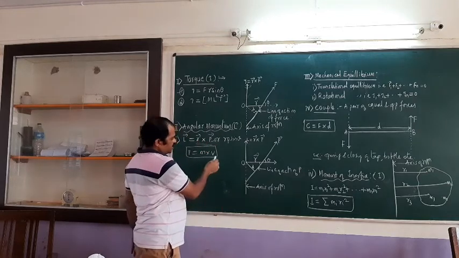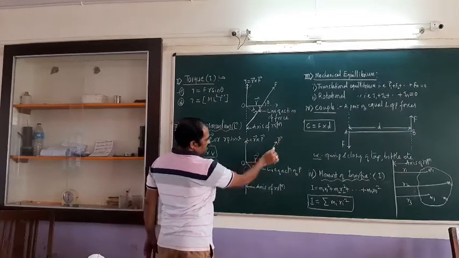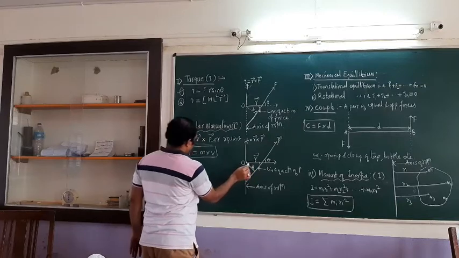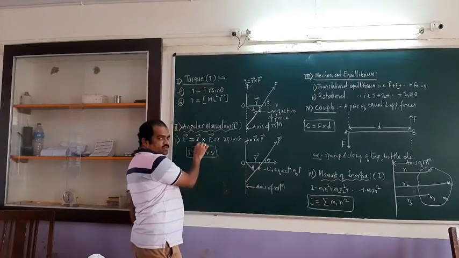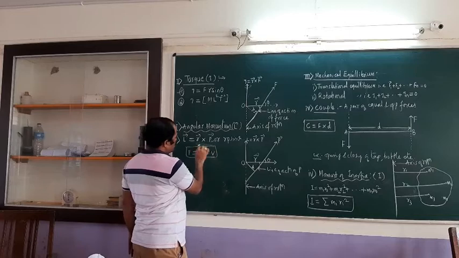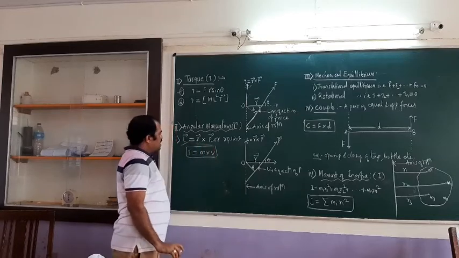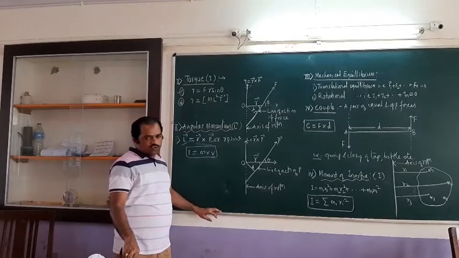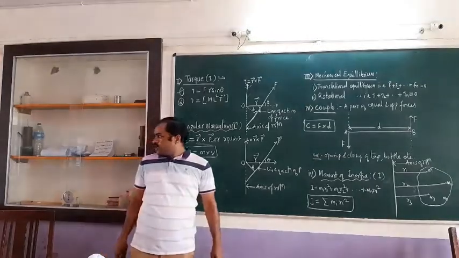So this is P, and this is the perpendicular distance D, which is nothing but R sin theta. If theta is 90 degrees, then it becomes R. Therefore L is equal to R cross P. So we define angular momentum through the linear momentum.